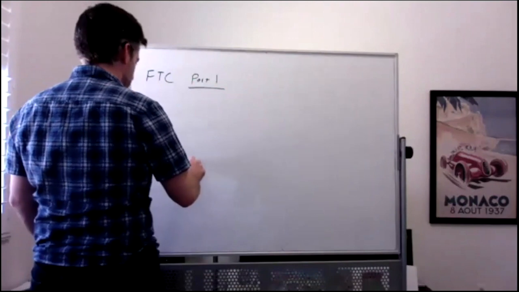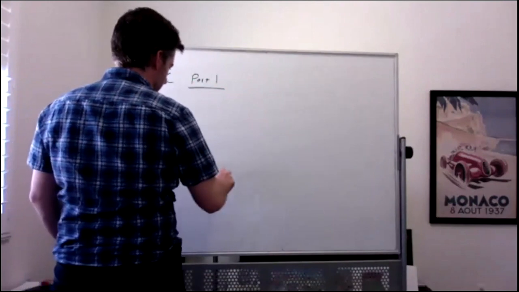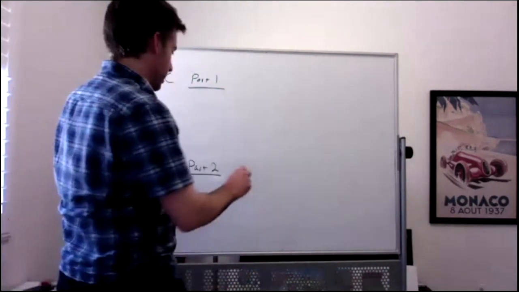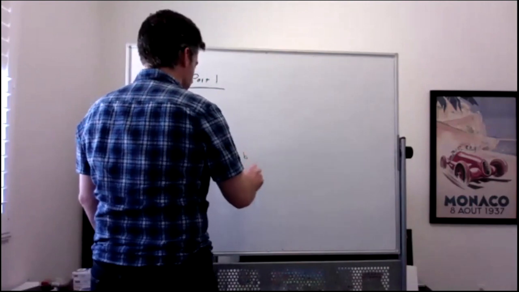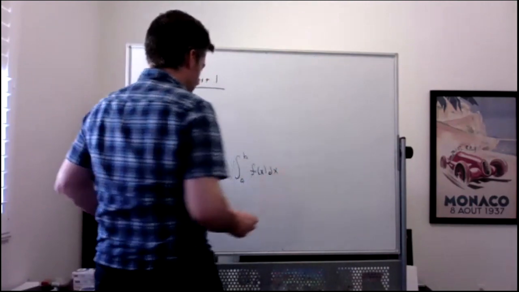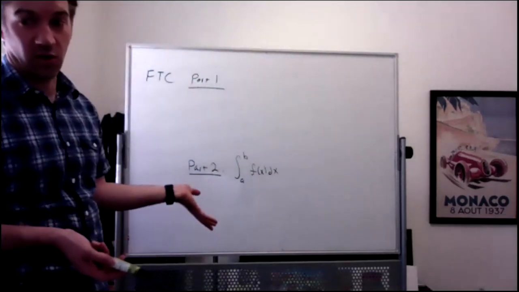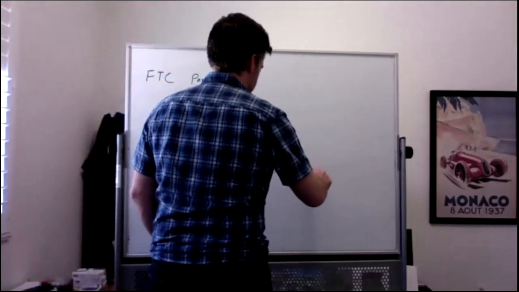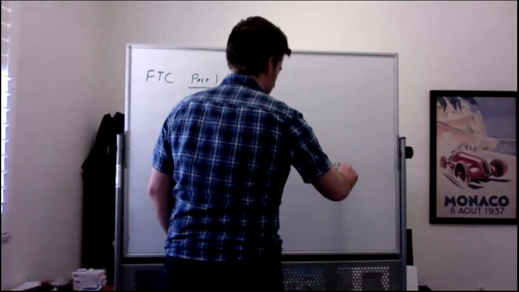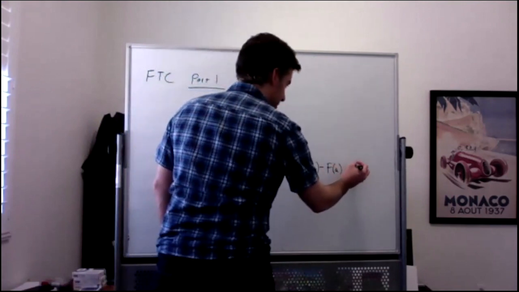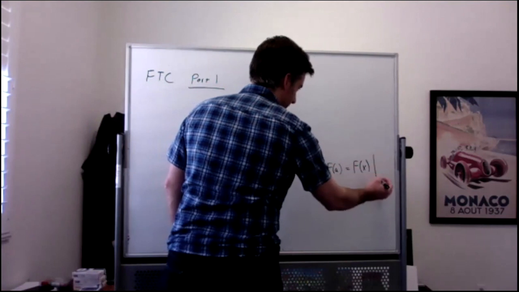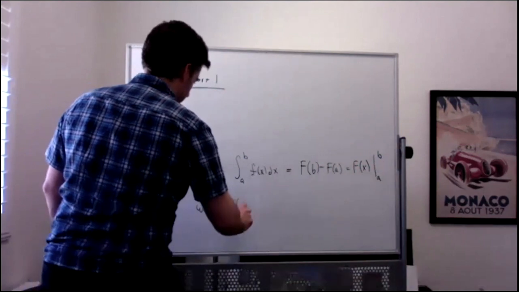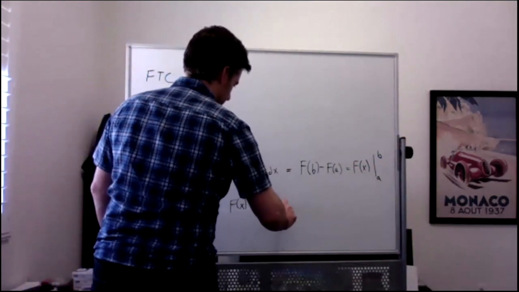Let's remind you that part 2 is really just the part that allows us to use antiderivatives to evaluate definite integrals. So it's the part that says the integral from a to b of f of x dx, which we should read as the net area under the curve f of x between a and b, is equal to capital F of b minus capital F of a, or as I will often write, capital F of x evaluated between a and b, where, of course, capital F of x is an antiderivative.